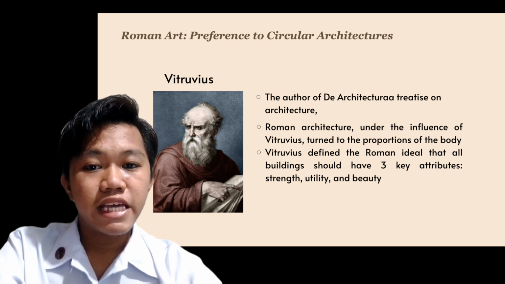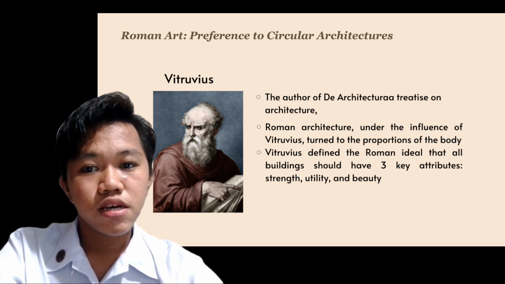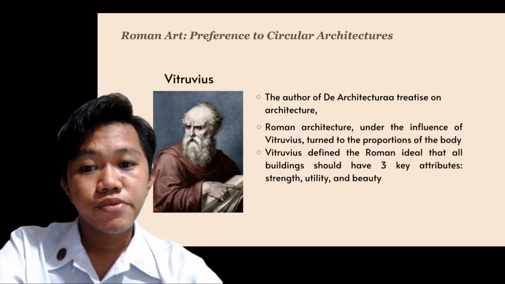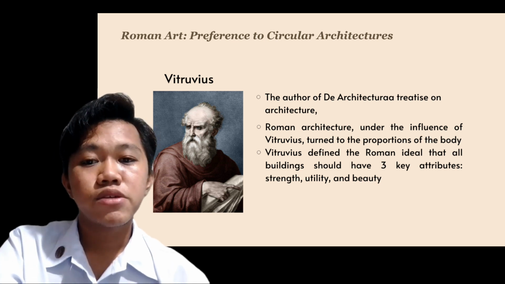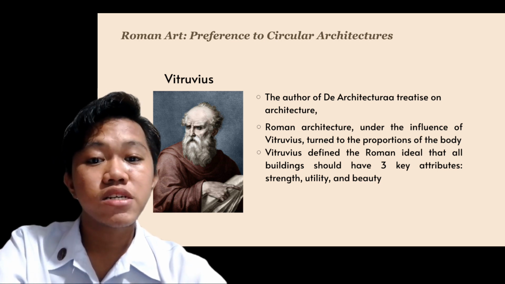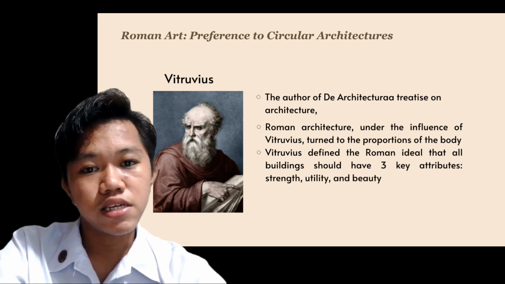Vitruvius defined the Roman ideal that all buildings should have three key attributes, so that are strength, utility, and beauty.